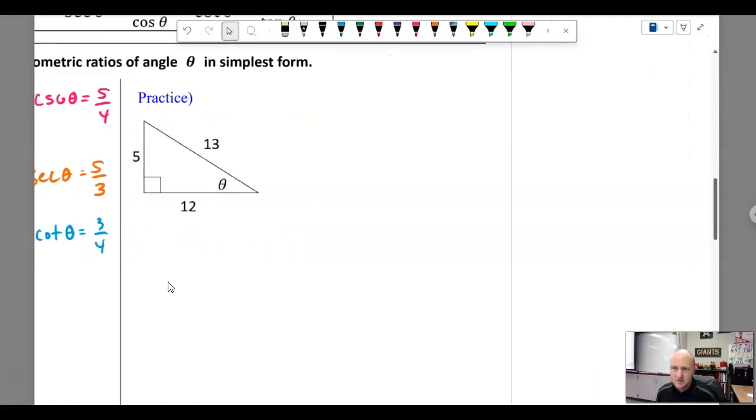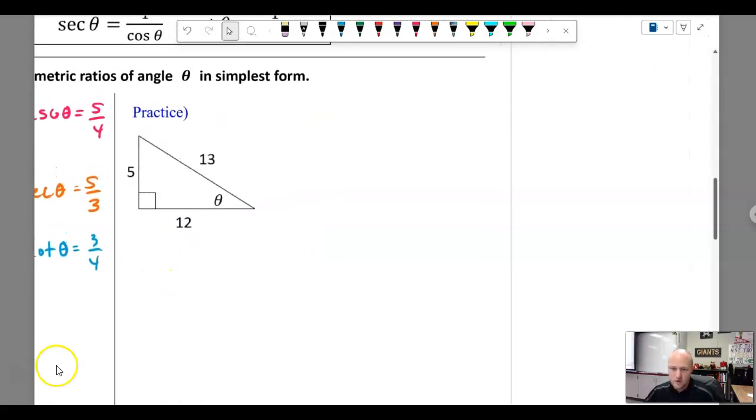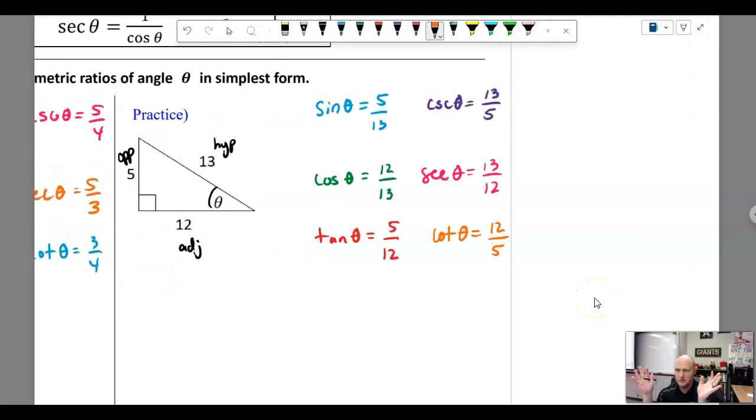Here's a practice problem. Please pause me. Double check your work here. Boom. There you go. Did you get these values? Remember, for theta, the opposite side is the side directly opposite. Hypotenuse is always hypotenuse. Opposite and adjacent will change, right? If my theta was up here, the angle I'm looking at is up here, then 12 is going to be opposite. So it really depends.